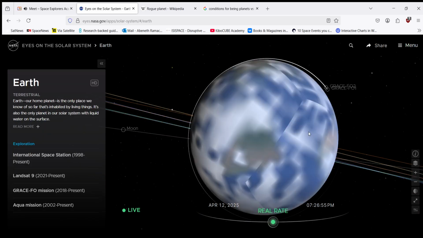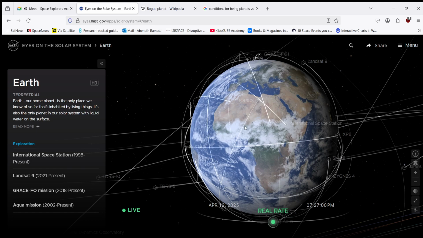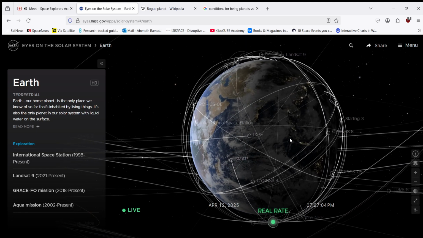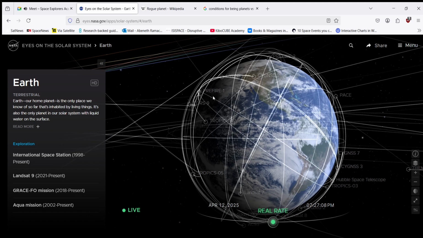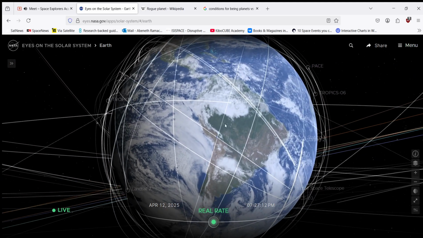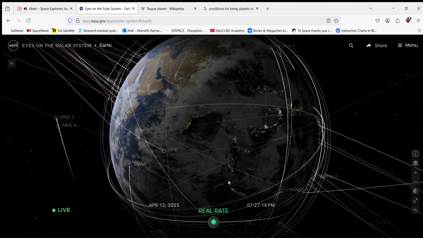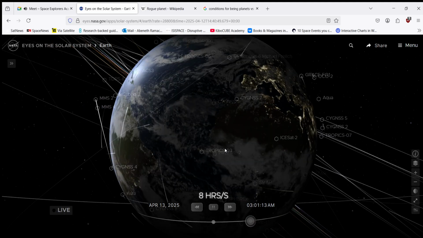On Earth there is a lot of moisture in the atmosphere, which forms clouds. You can see the entire planet is covered with lots of clouds, right? Ignore all those satellites. This white color is all clouds. So where is India? Okay, this is India. I'll increase the time so that you can see.